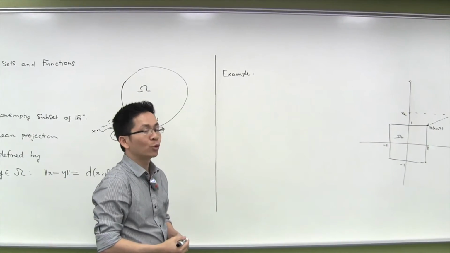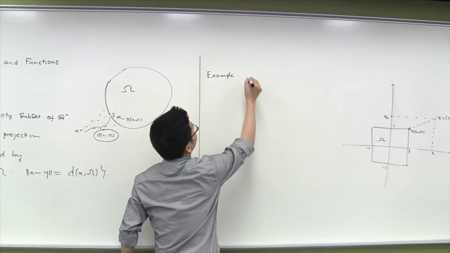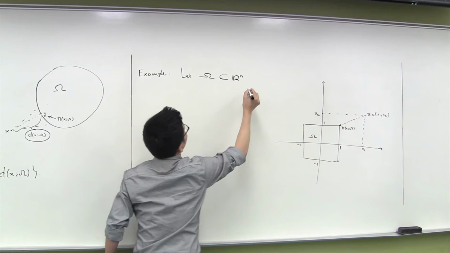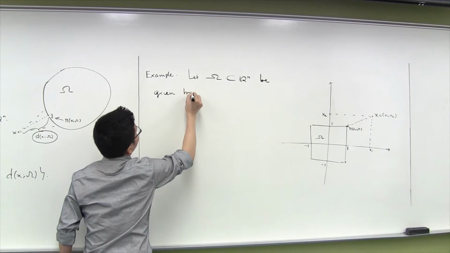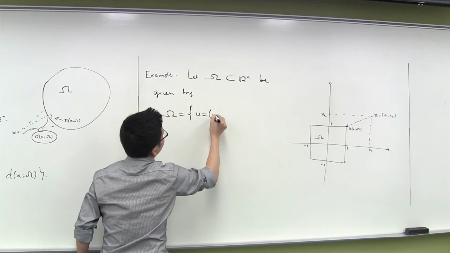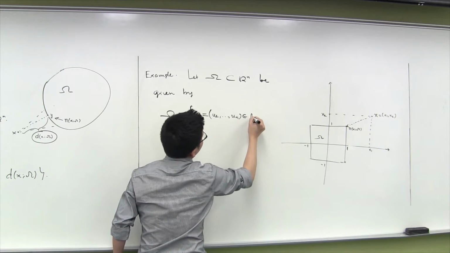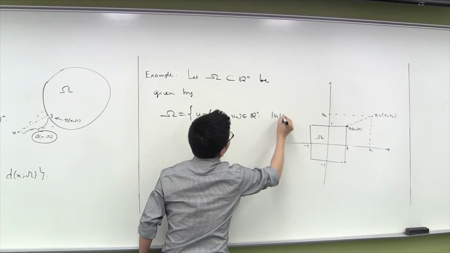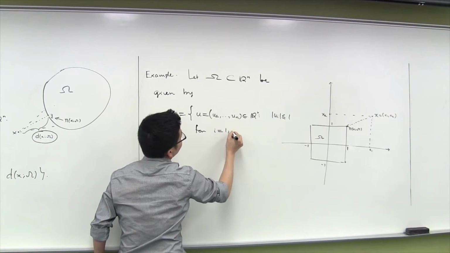In the second example, we consider the set omega given by: omega is the set of all u in R^n such that the absolute value of u_i is less than or equal to 1 for all i from 1 to n.